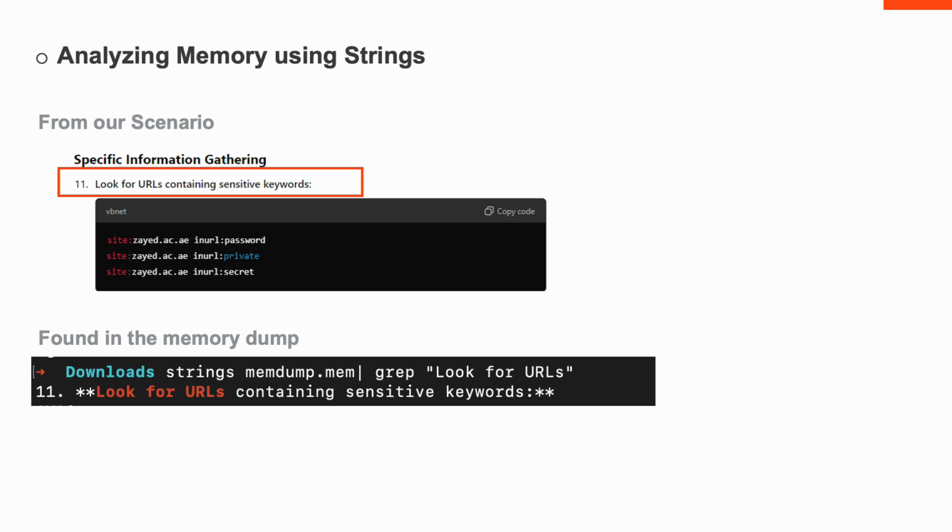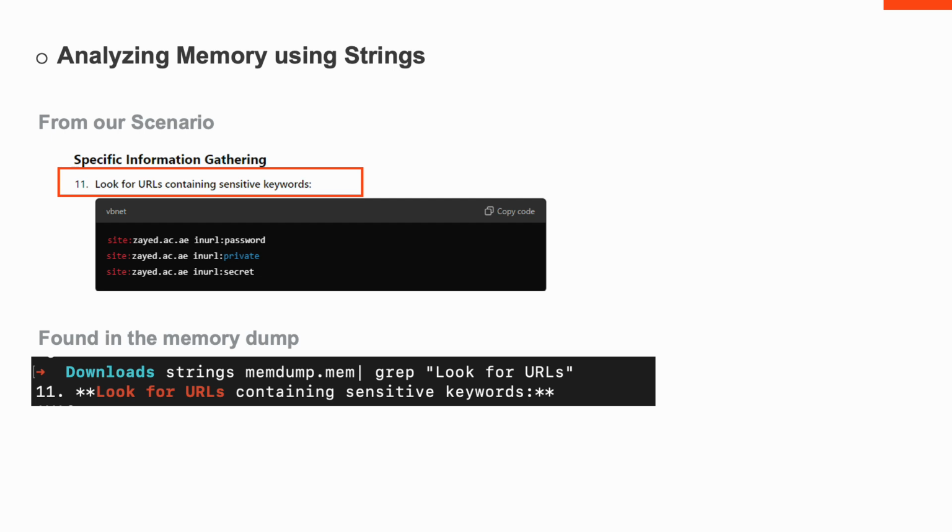Of course, we have utilized grep to refine our search within the memory dump along with the strings tool, and this is just to indicate the amount of information that we can extract, which can be sensitive and which can be extremely useful in our investigation.